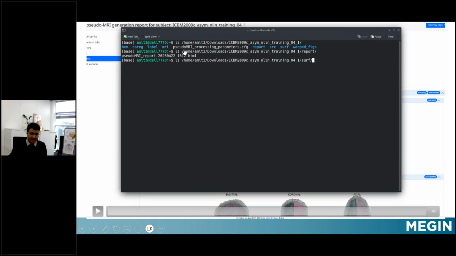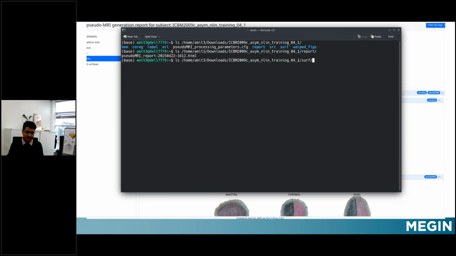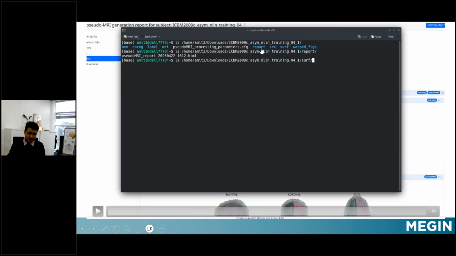Then labels, MRI, and it generates a configuration file where all these warping parameters are stored. The report directory includes this HTML report. You can browse through it, and you should actually browse through it after you generate, so that you can see that everything has gone well. Then the source surface.